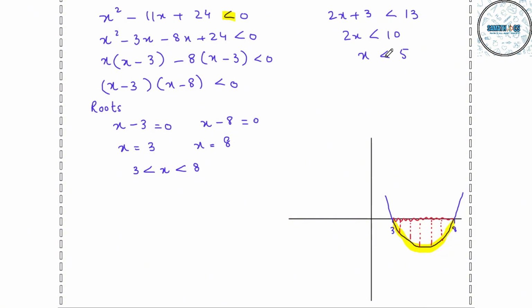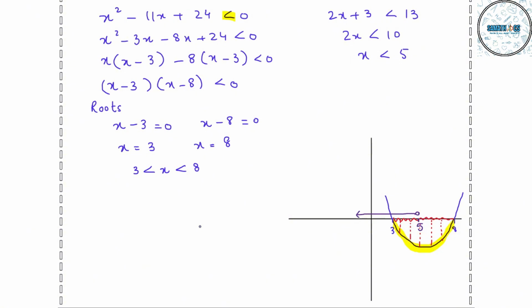For this inequality, x is less than 5. We can consider 5 over here. All the values less than 5 are the values of x for this inequality.